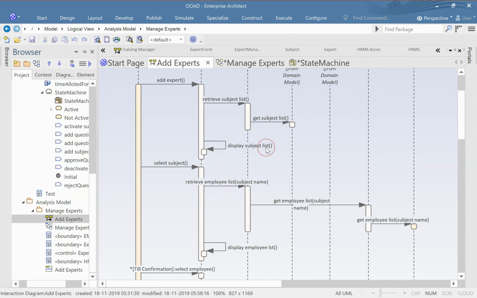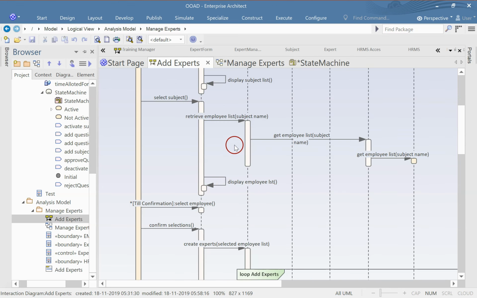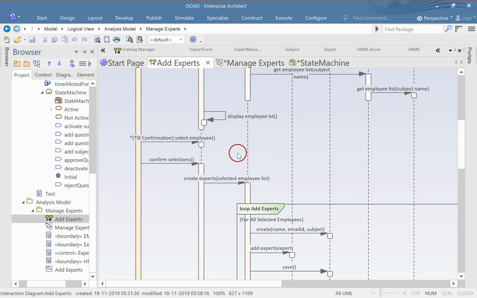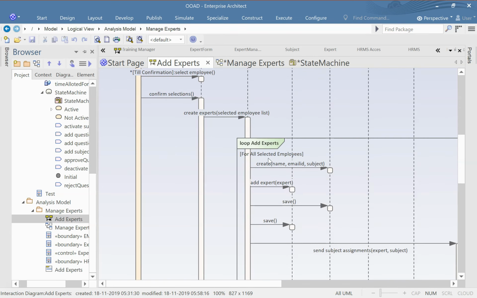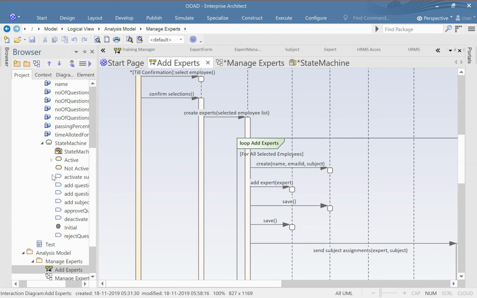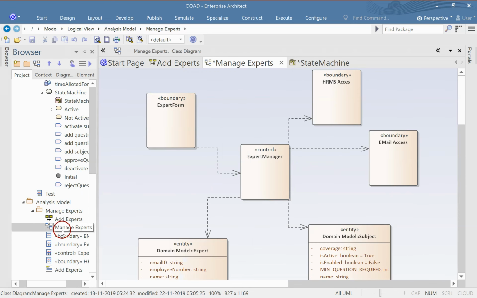So display subject list. When he selects a subject, the list of employees will be shown. He will make selections and everything else will happen in the background. Screen itself would be quite simple.